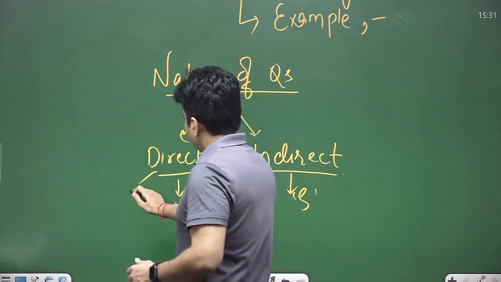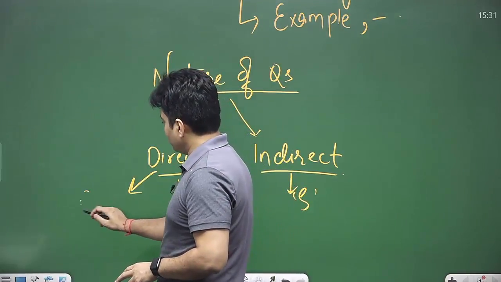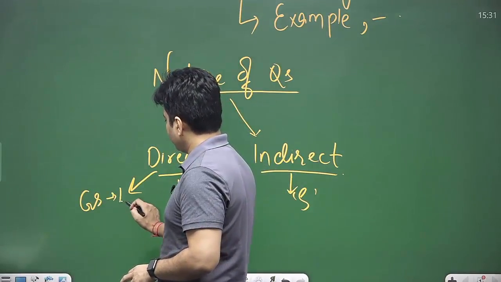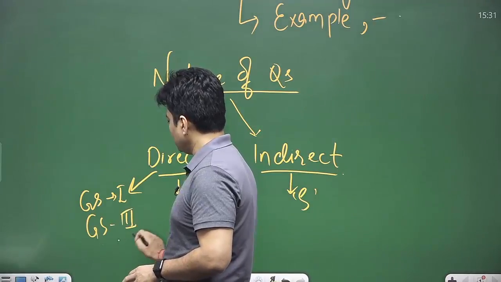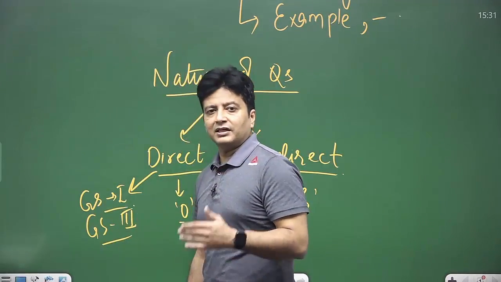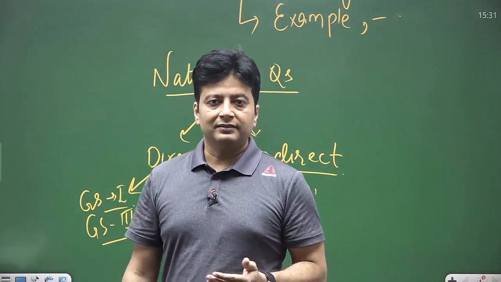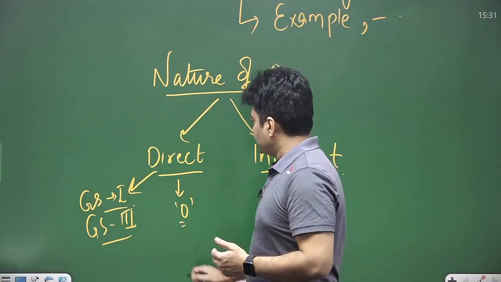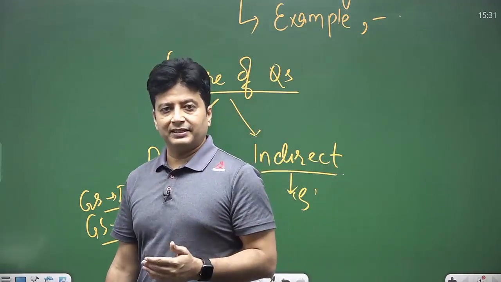And these questions prominently belong to GS paper 1 and GS paper 3. In GS paper 1, history, art and culture, geography, and Indian society questions are found. In GS3, science and tech and economy.